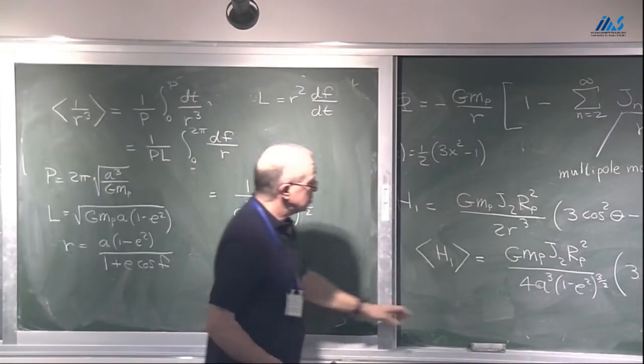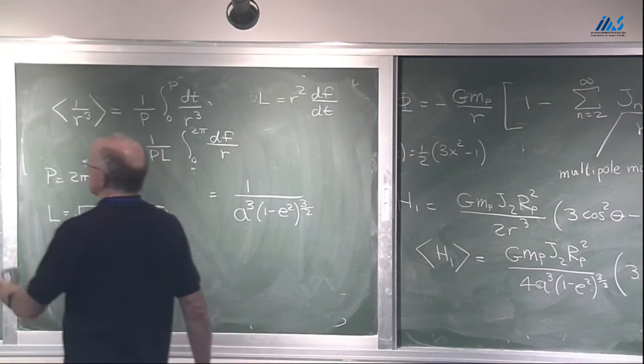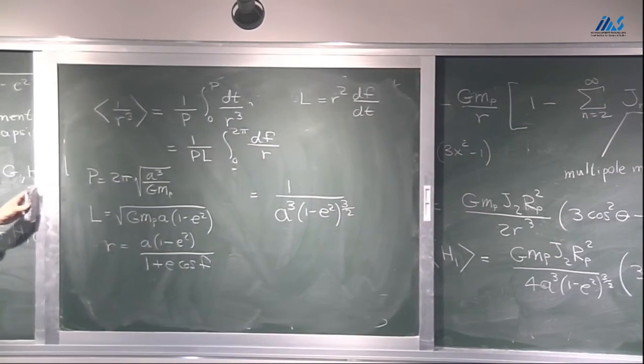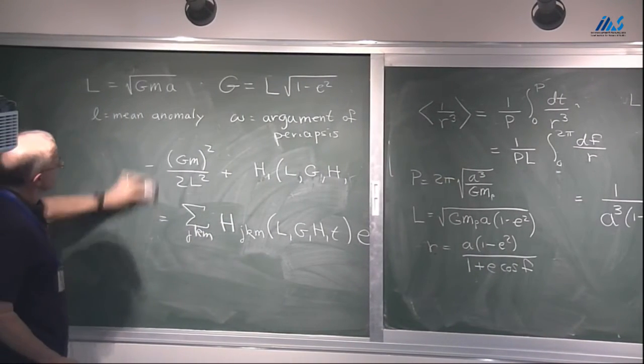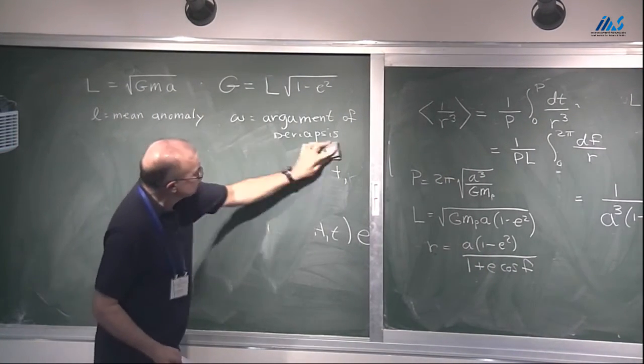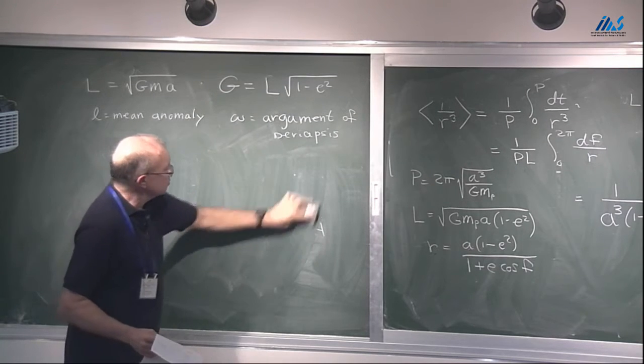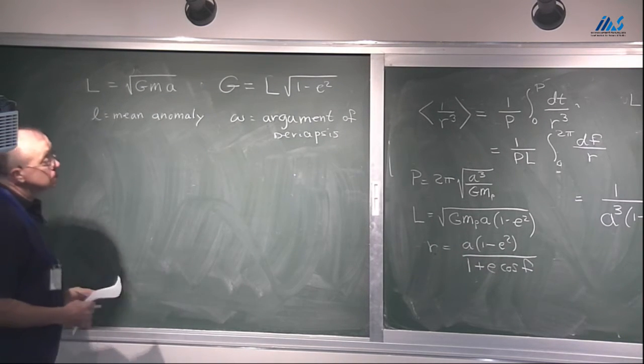the orbital elements. It's not in terms of the Delaunay elements yet, but making that conversion is easy because these are the expressions for the Delaunay elements in terms of eccentricity and semi-major axis.